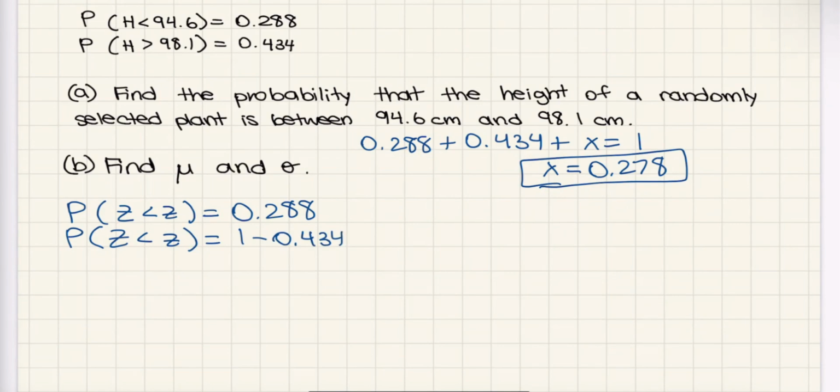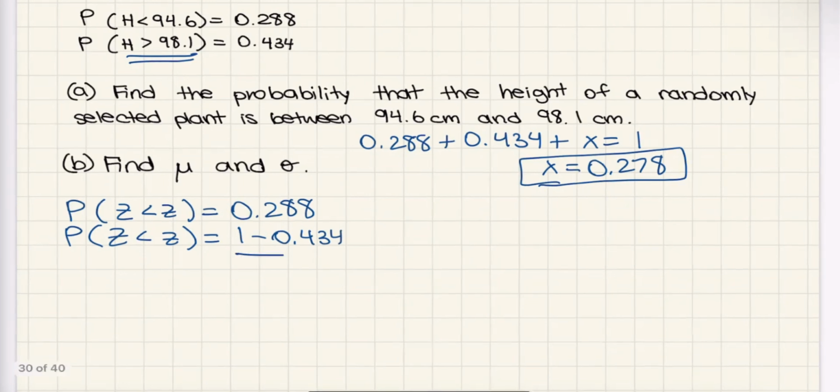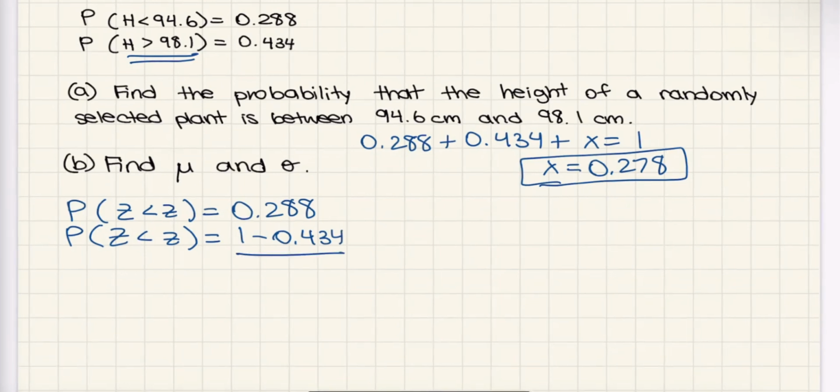So the opposite of 0.434, which was the other one we got here. Notice I switched the sign to the less than sign because that's how the z-score table is represented. And that's why it's 1 minus this value, because the opposite of the height being greater than 98.1 is the height being less than it. And so the probability is 1 minus the probability of the affirmative. And so that's why we have to switch both those things.